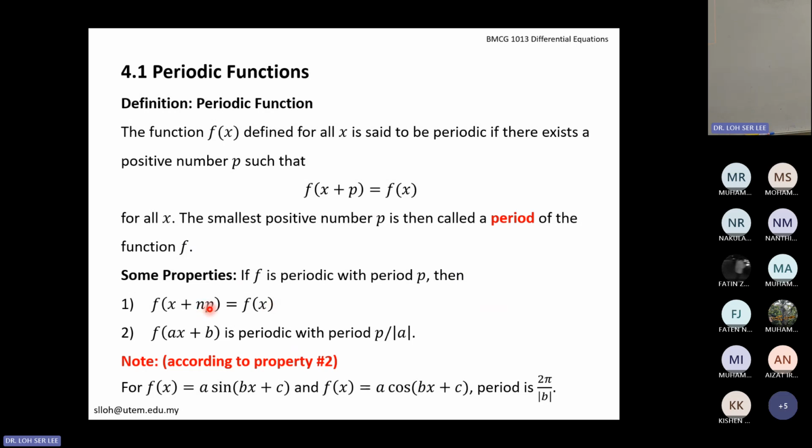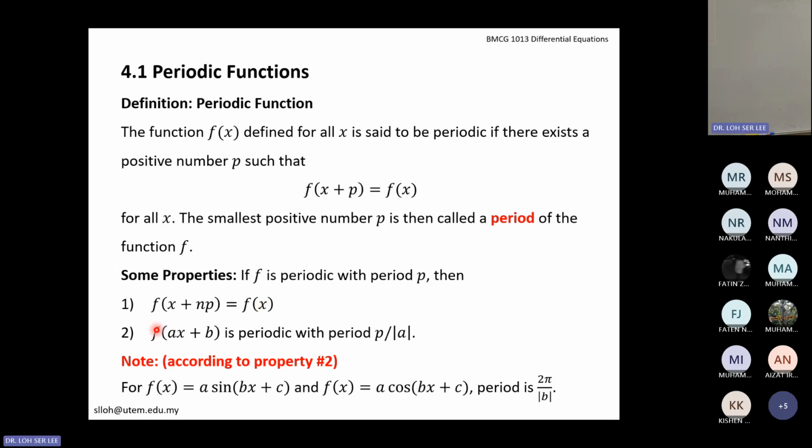For example, for a sine function P is 2 pi. After 2 pi, you get one full cycle. After 4 pi, 6 pi, you still get the same function, sine x. That's why f(x plus nP) equals f(x). They are still the same graph.